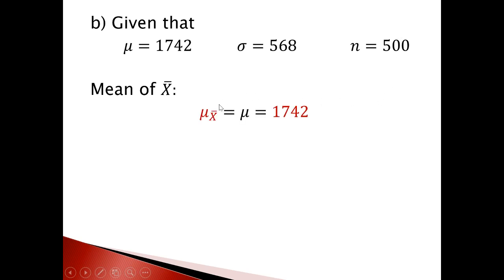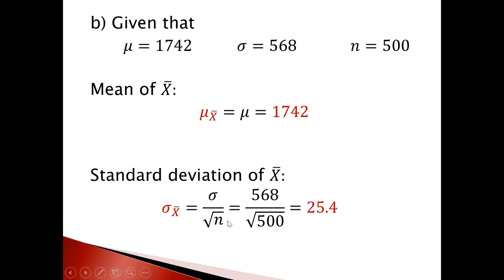Then the mean of the variable is mu. Again, it is 1742, and it is confirmed that the mean of the sample mean doesn't vary with the sample size. But we know the standard deviation varies. Here we are going to put 500 for n. When we calculate the standard deviation, we will get the answer as 25.4.